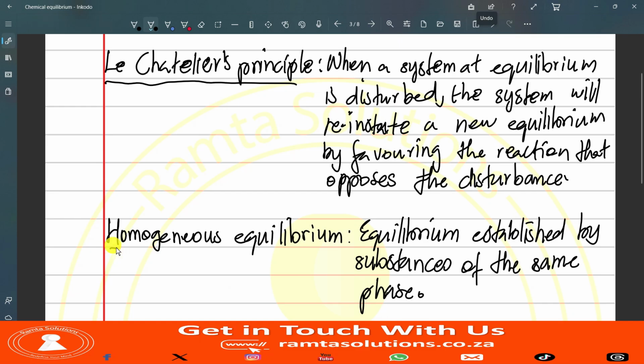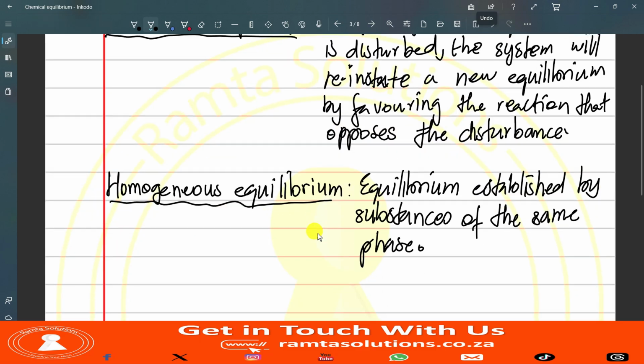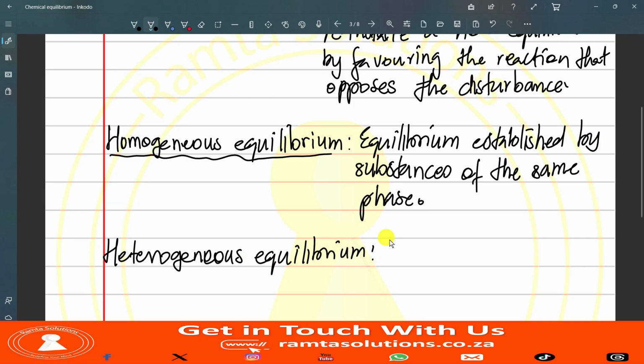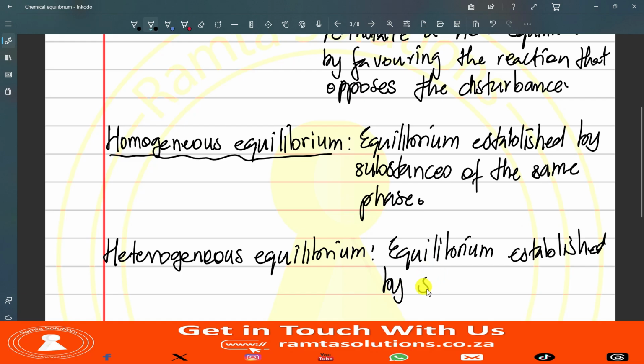Then let's talk about heterogeneous equilibrium. This is equilibrium established by substances of different phases.